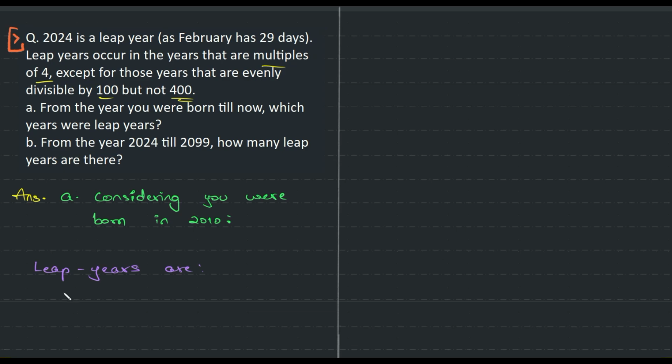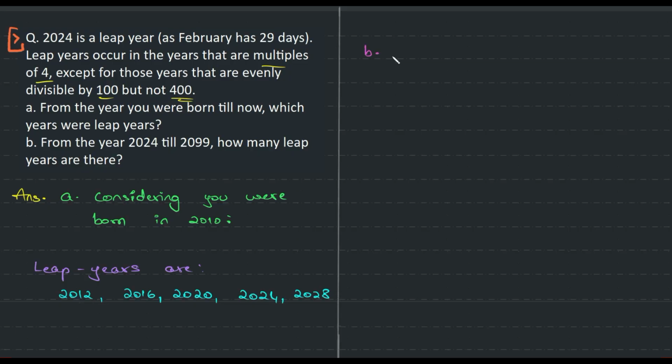What is the first number? 2012, right? 12 is divisible by 4, and so 2012 will be divisible by 4. And the next years will be 2016, 2020, 2024 itself, and 2028, and so on and so forth.